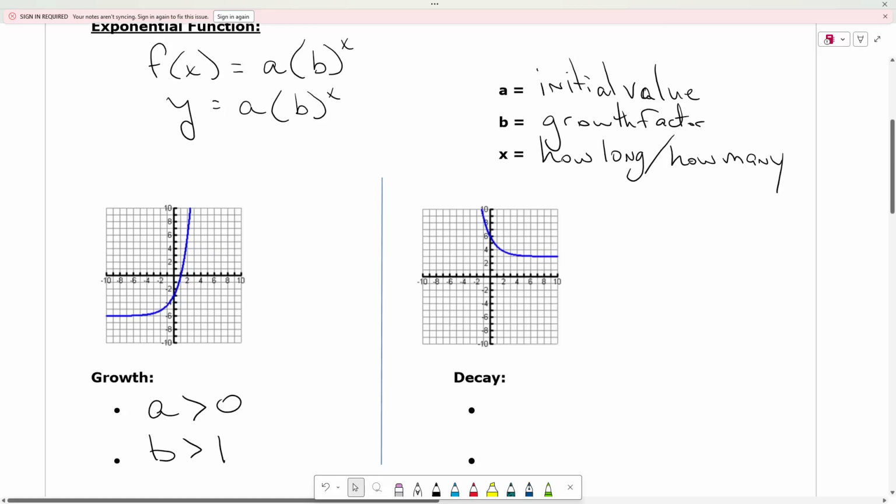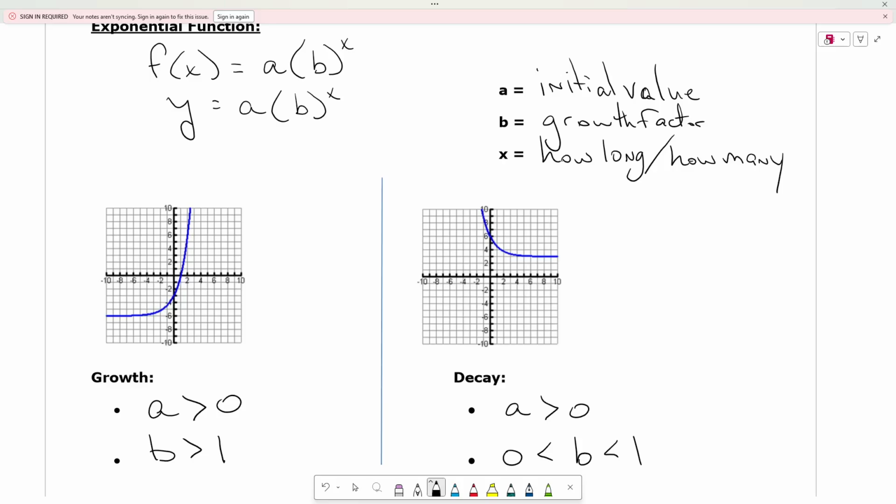And with the decay, a is still greater than 0, and b is going to be between 0 and 1, some type of fraction or decimal, causing us to get some type of decay. Things are going to get smaller.